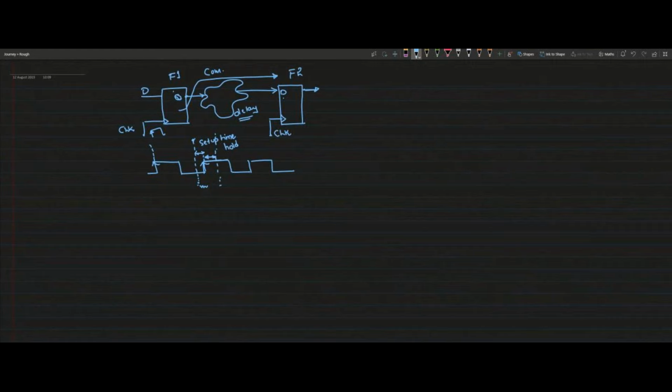You can think of it this way. This is the point where the train arrives. You have to be at the platform slightly before the train arrives, so that you can catch the train. The time by which you have to arrive at the railway station, we call setup time.